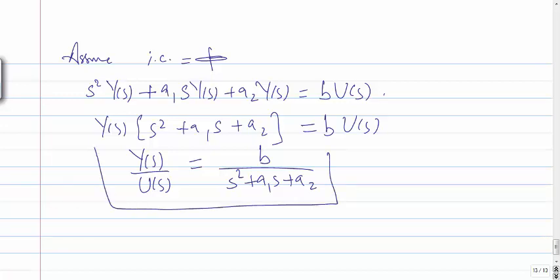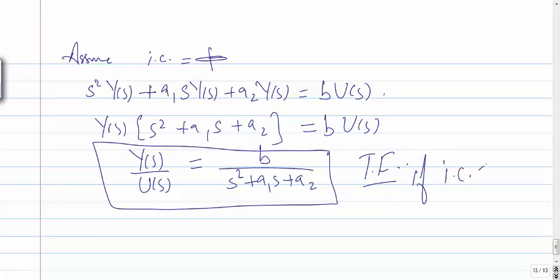We define this ratio as a transfer function, and this definition only holds if your initial conditions are 0. So this is the way you can solve a differential equation and also find the transfer function.